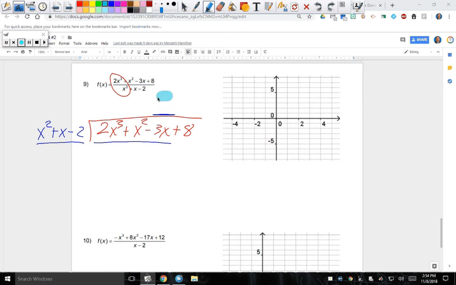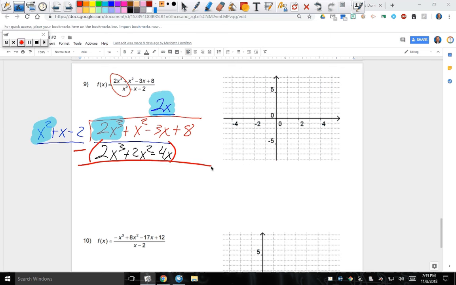I need to ask myself, what will multiply with this to get that? What do you say? 2x. Okay, now let's multiply this out. We get 2x cubed plus 2x squared minus 4x.